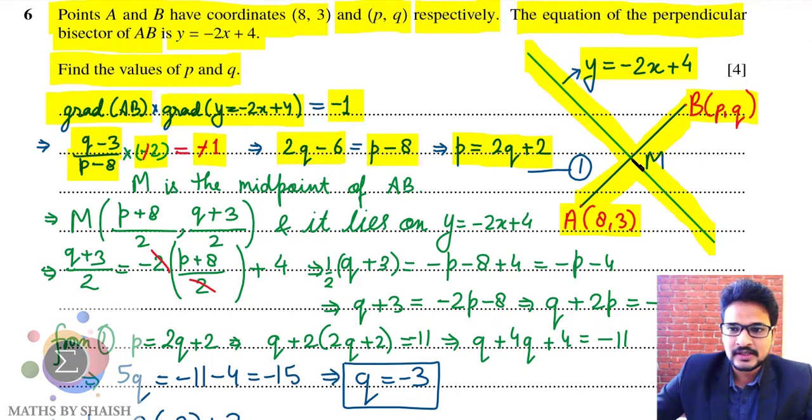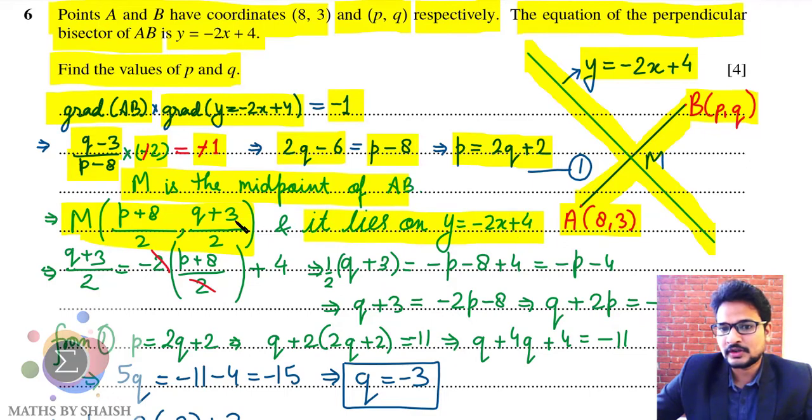The next condition is that M lies on the line y equals minus 2x plus 4, the perpendicular bisector. First of all, let's say M is the midpoint of AB. We can find the coordinates of M by the formula (x1 plus x2) upon 2, (y1 plus y2) upon 2, and since it lies on y equals this, these values of x and y should satisfy this equation.